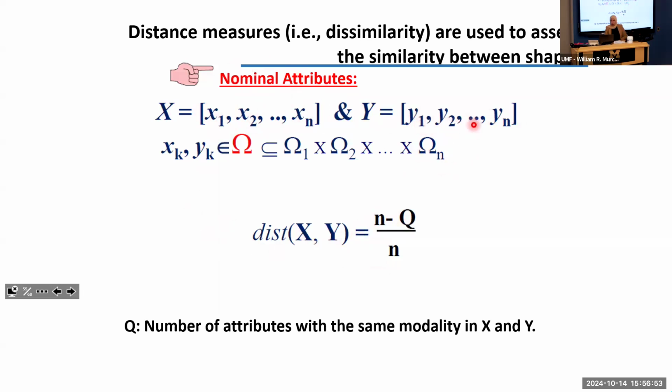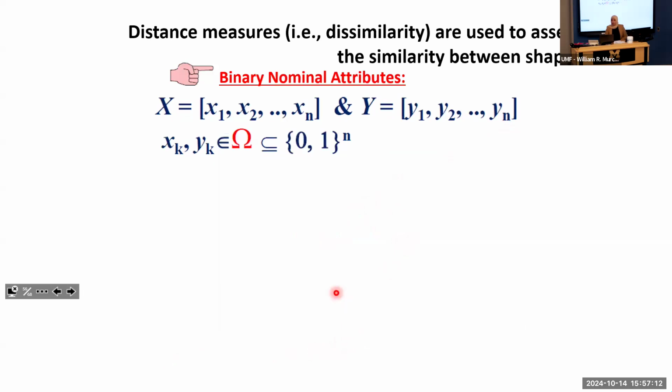For example, if your n is 5, it means you have 5 elements, so you have 5 minus q divided by 5. So what is this q? It is the number of attributes with the same modality in x and y, which are things that are unchanged. Let's take an example.